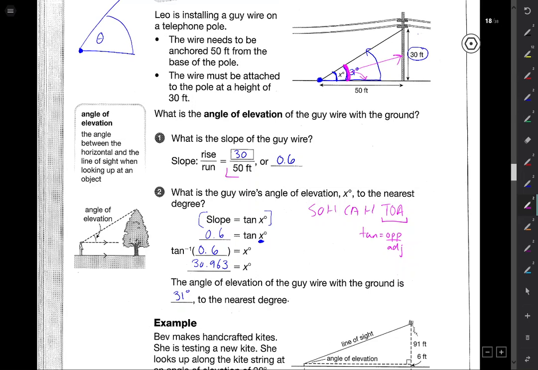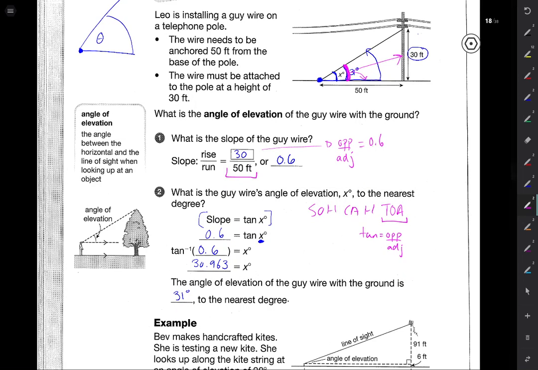So when we did this step over here, all we really did was opposite over adjacent, which is how we got that 0.6. Then we had to do the inverse tan of that in order to find the actual angle. This is just another way to view trigonometry, except now we're viewing it in terms of the slope.